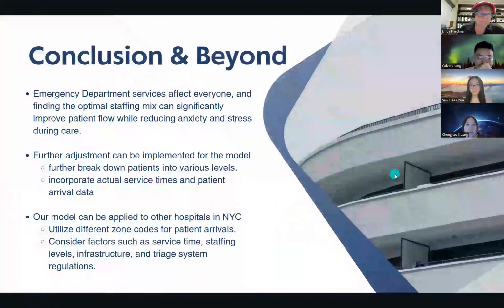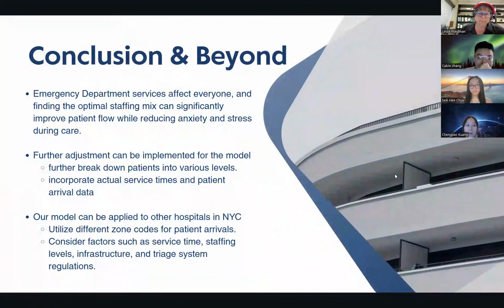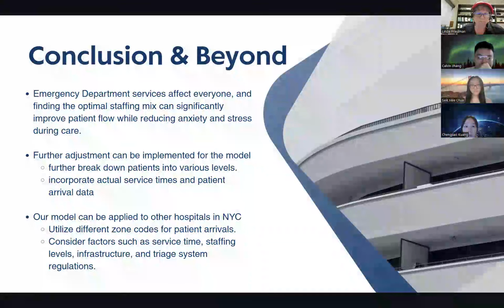To conclude our presentation, we know emergency department service affects everyone, and finding the optimal staff mix can significantly improve patient flow while reducing anxiety and stress during care. For our model, we can do further adjustments, such as breaking down patients into various levels.